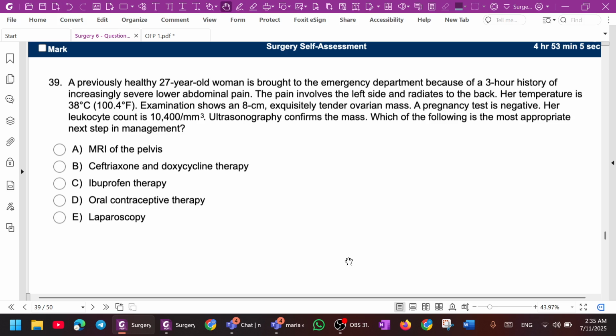Her temperature is 100.4 degrees Fahrenheit. Examination shows an 8 centimeter exquisitely tender ovarian mass. A pregnancy test is negative. Her leukocyte count is 10,400. Ultrasonography confirms the mass. Which of the following is the most appropriate next step in the management?